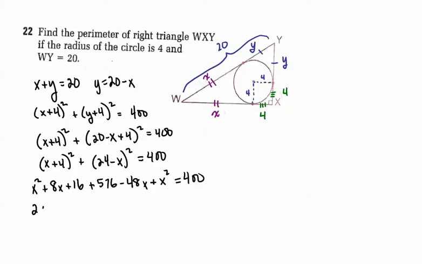So we have x squares, there will be 2 of them, 2x squared. Next are x's. We have positive 8x and negative 48x, so that's going to give us a negative 40x. Then we have 576 plus 16, then minus 400. So 576 plus 16 is 592, minus 400 is going to give a positive 192.